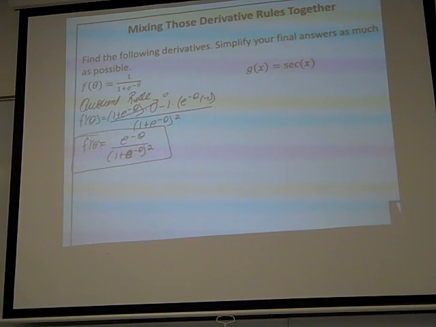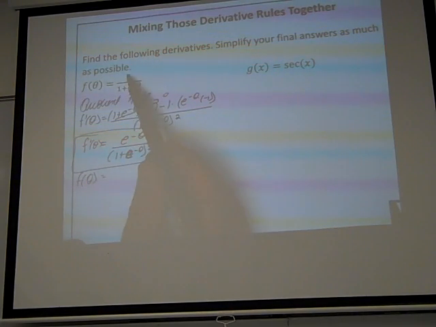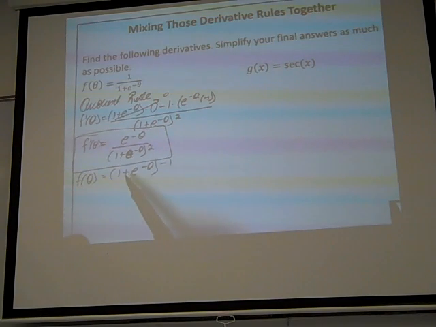But I also like to think of this as a chain rule because the original function, f of theta, since it's 1 over all of this, I can write that, not using calculus, just using algebra rules, as 1 plus e to the negative theta, the whole thing to the negative 1 power. Now I have a baby and I have a mama.